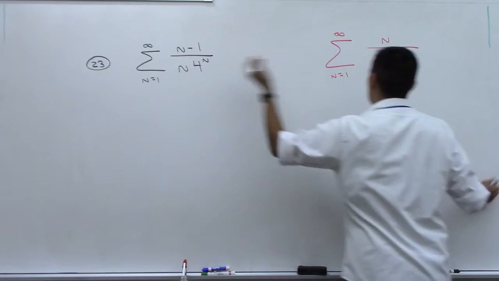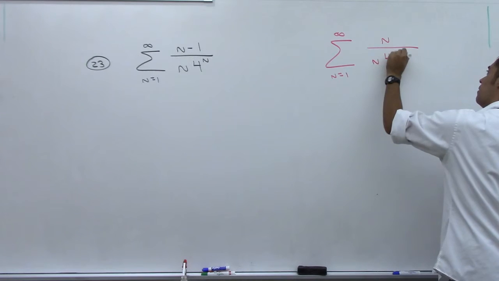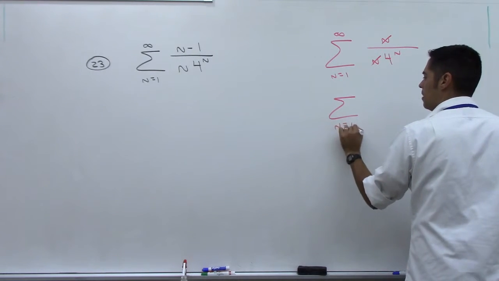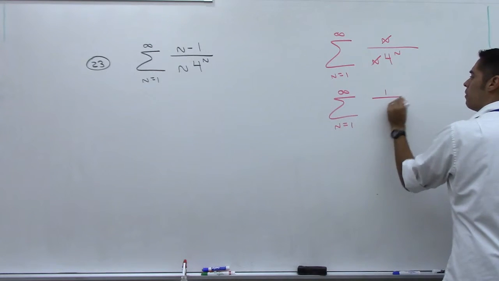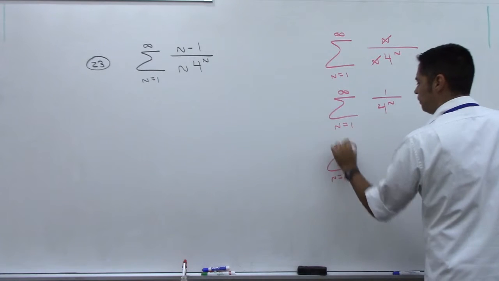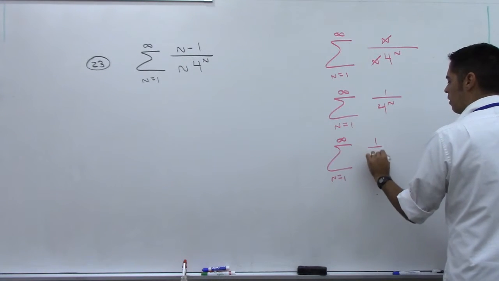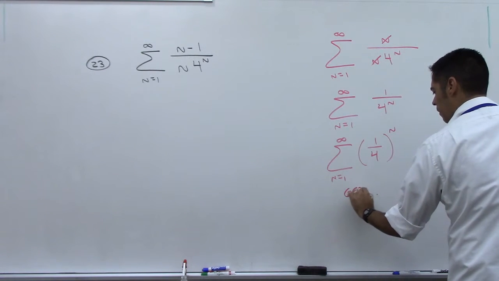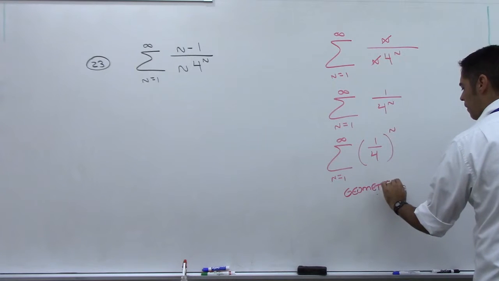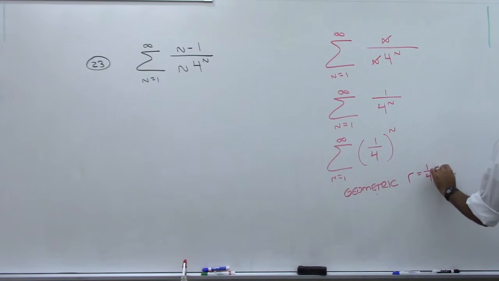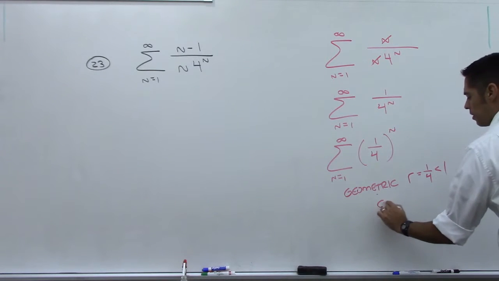The bottom behaves like n 4 to the n, and these n's would cancel, which means this really looks like it might be behaving like 1 over 4 to the n, which is really just (1/4) to the n, which is geometric. It's a geometric series with r being 1/4, which is less than 1, which means this converges.